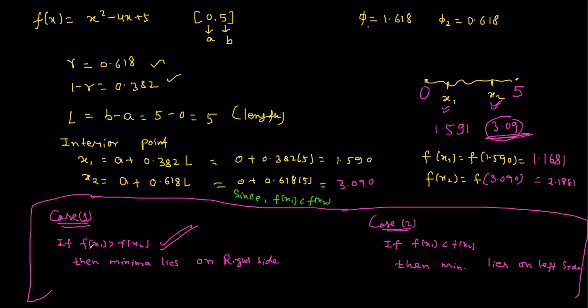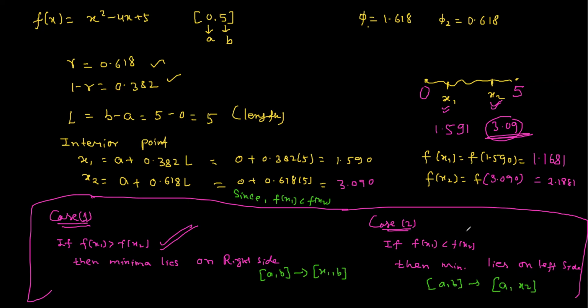See, if the first condition is satisfied, then your new interval becomes x1 comma b, right? And if the second condition is satisfied, then the interval becomes a comma x2. Up to here, understood, right?